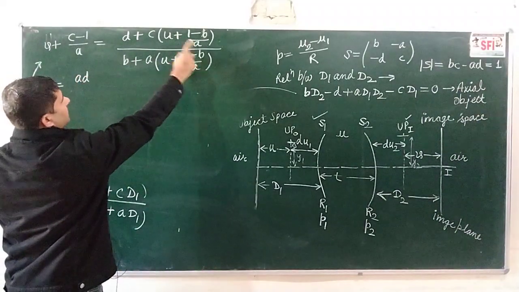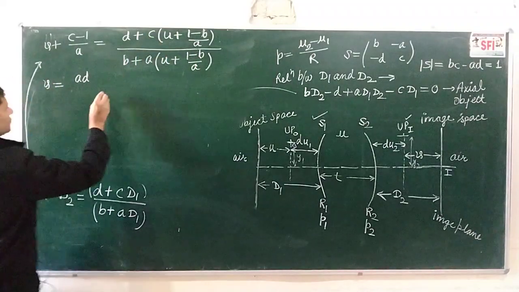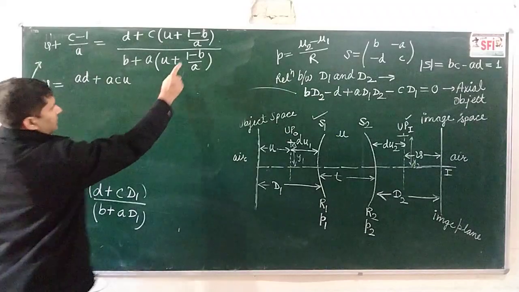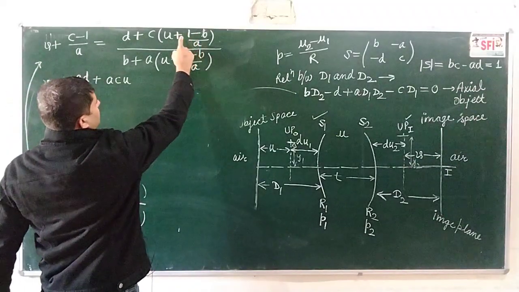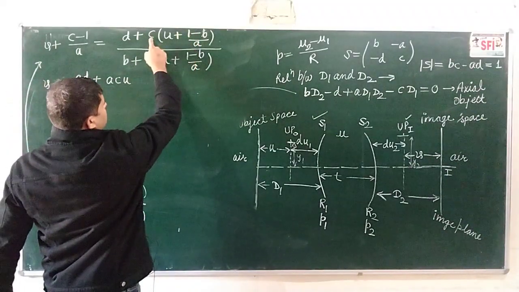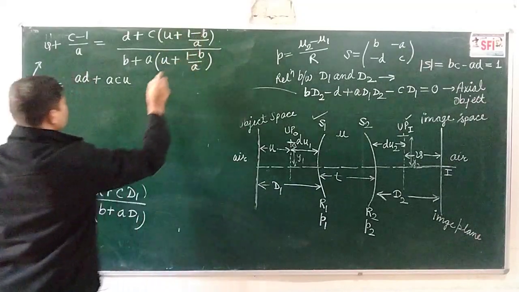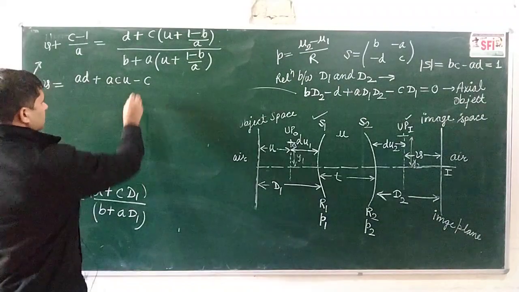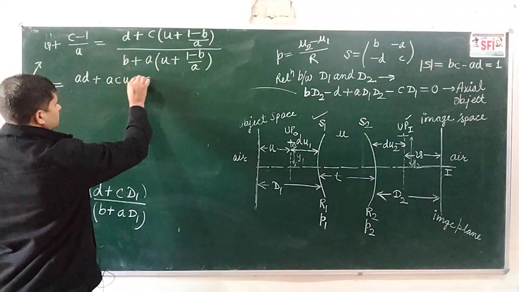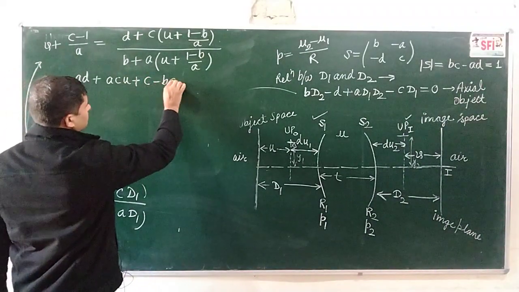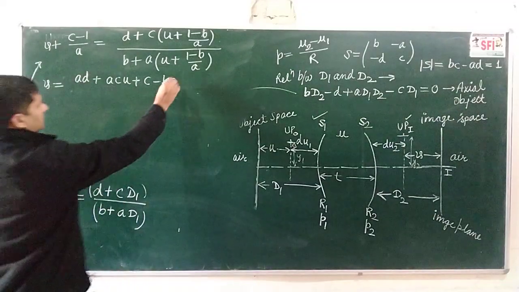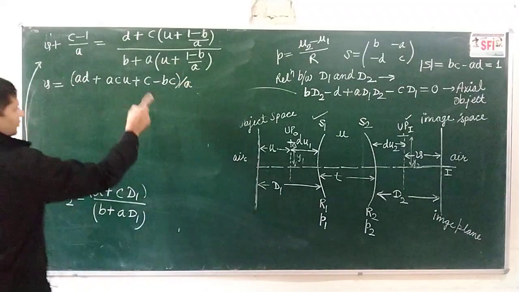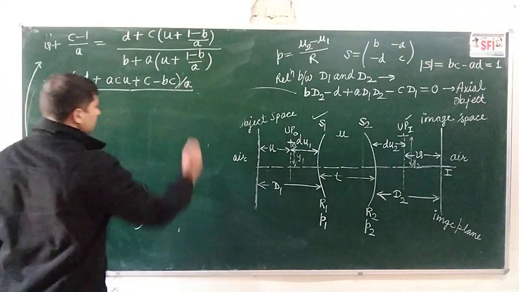Then you will get A into C into U, so I am writing here A, C and U. From here you will get C into 1 minus C into B, so I am writing here minus C plus C minus BC, and this is to be divided by A. You have taken the LCM in the numerator.